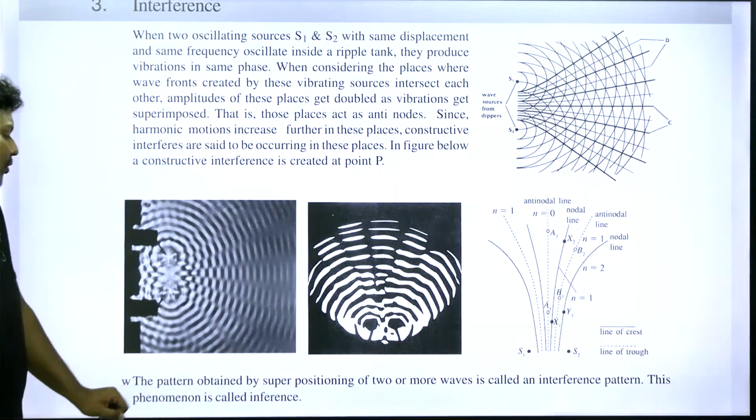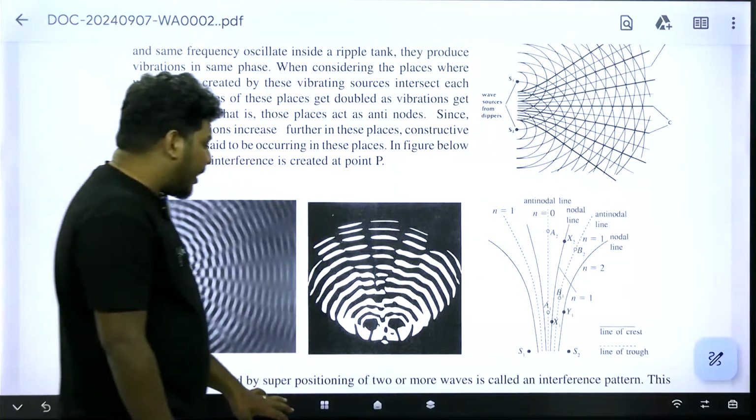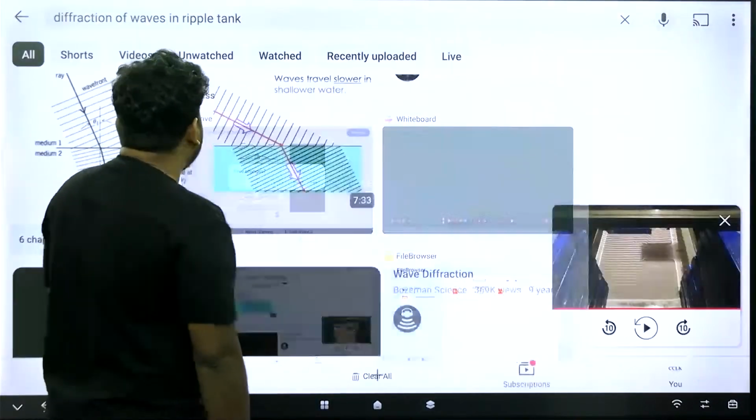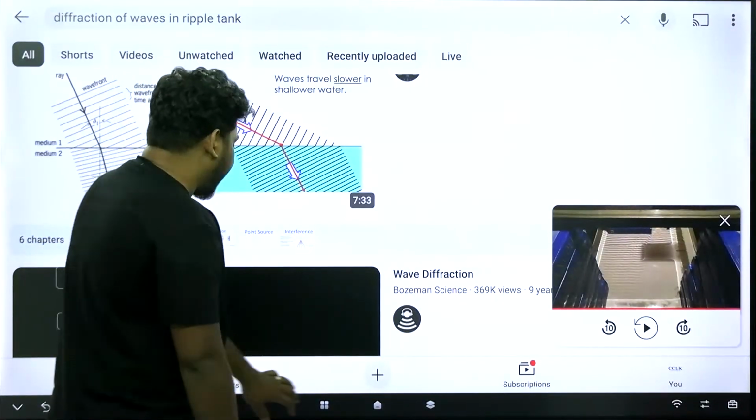Look at this one, how the interference is happening now.